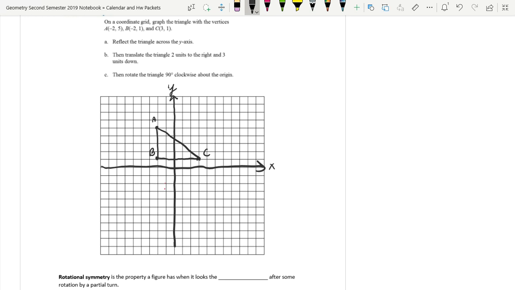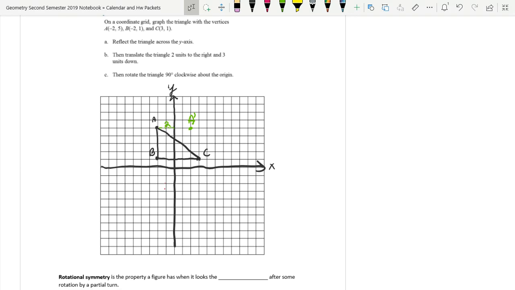Okay, so I went ahead and plotted ABC on the coordinate grid. Now I'm going to reflect the triangle along the y-axis. So what is my line of reflection? The y-axis. Starting with point A, how many units is A from the line of reflection? Well, it's 2 away. So I'm going to put it 2 away on the other side and call that A prime, meaning it's the image.